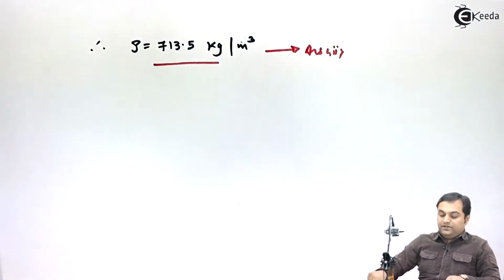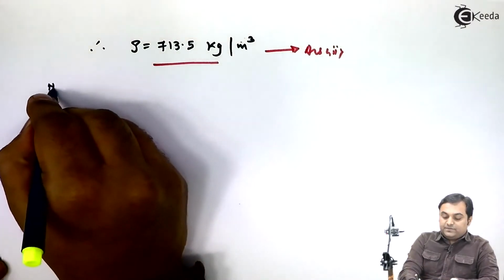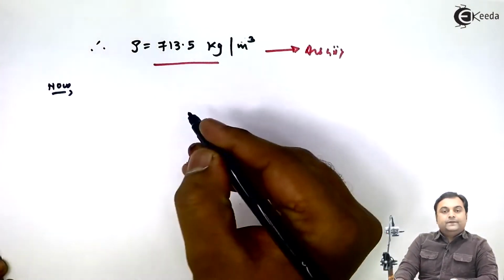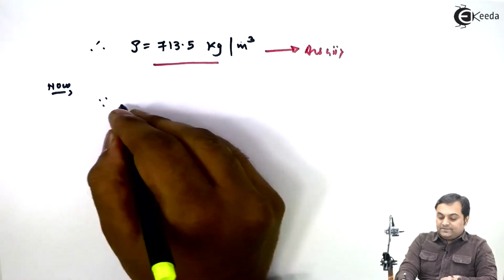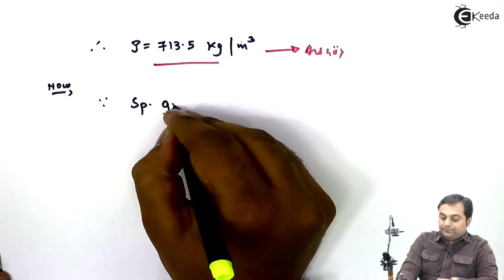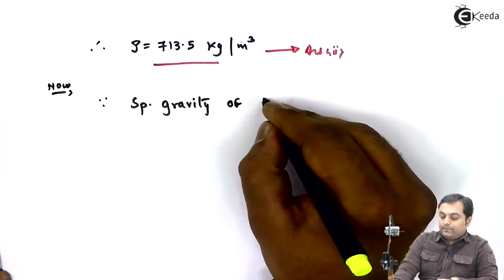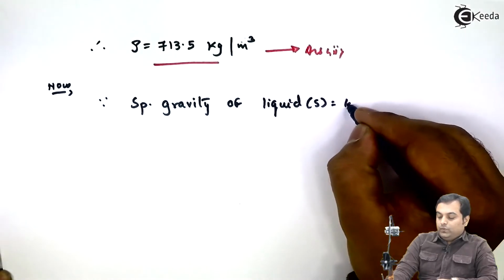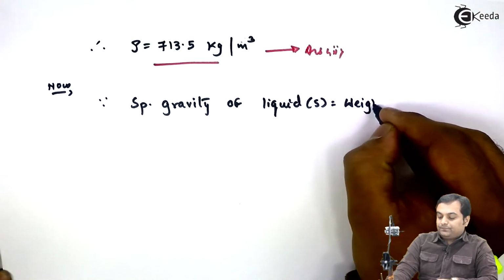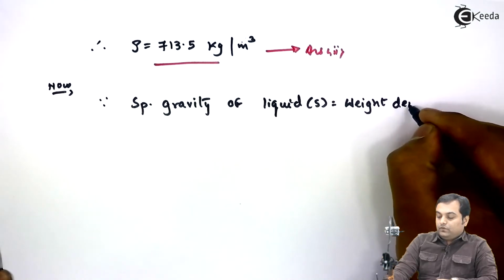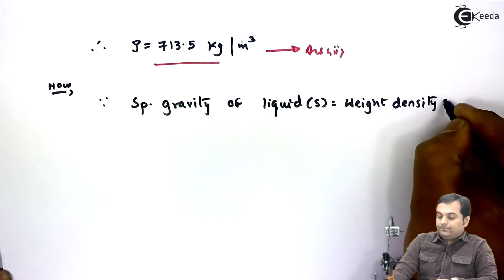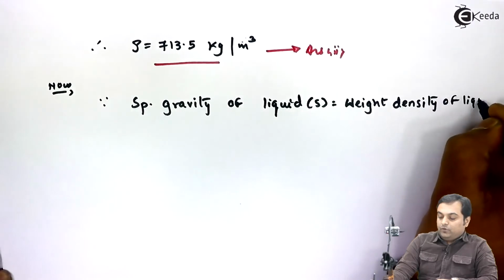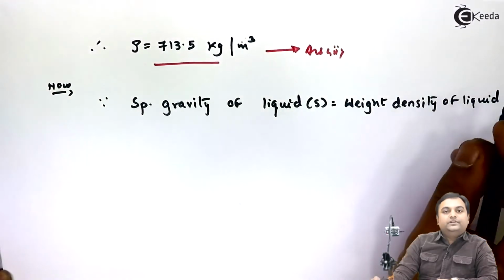And now the last part in this question is specific gravity. Since specific gravity of liquid, S, is equal to weight density of liquid upon weight density of standard liquid, that is water.